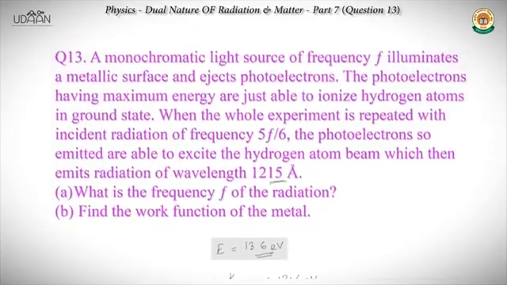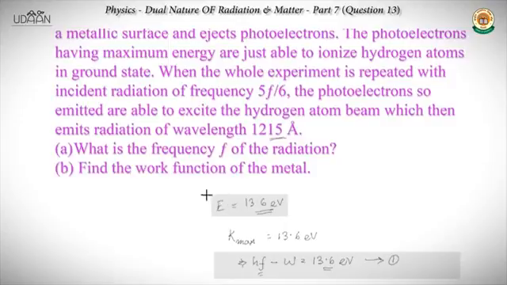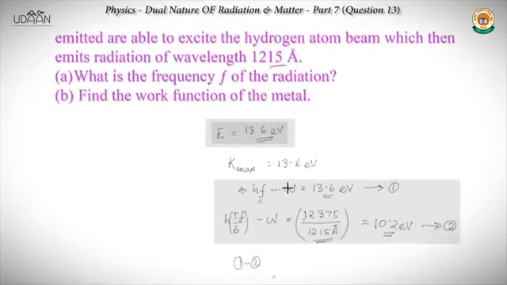So this was question number 13, and it was pretty straightforward, but it needed a few things, like remembering the value 13.6 and making sure you apply equations like these and subtract them, because you do not know the value of W as such.